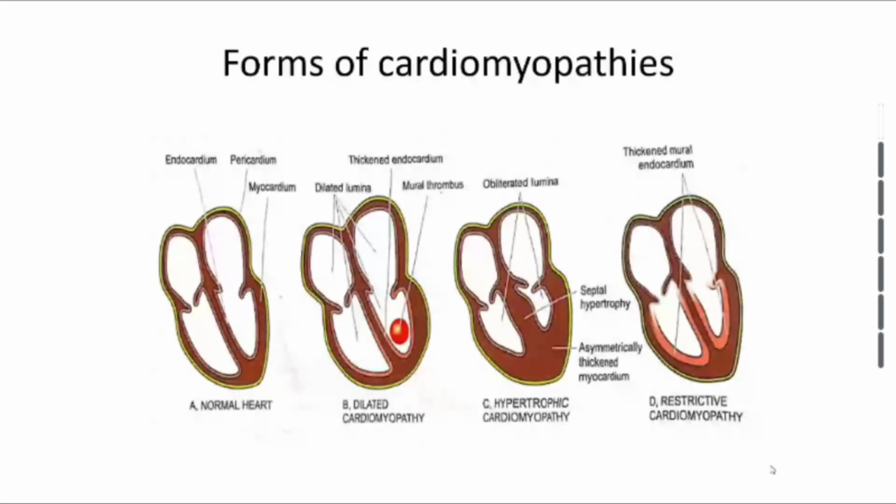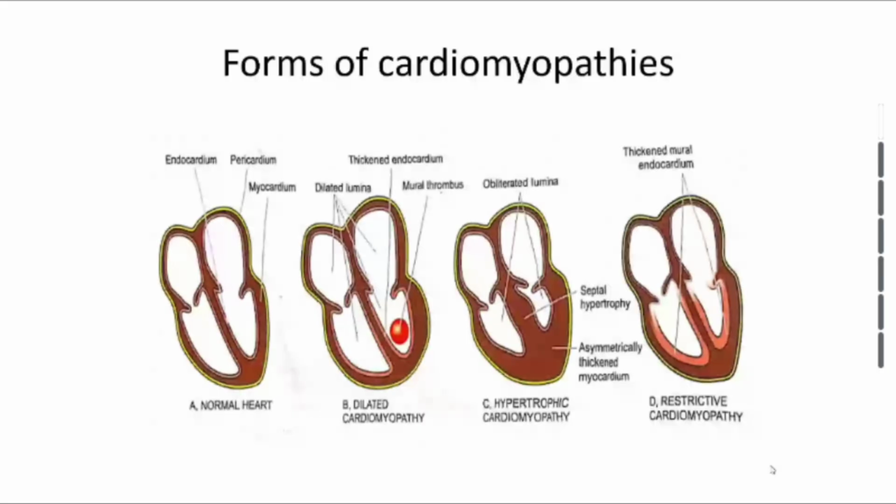And then we have hypertrophic cardiomyopathy. The lumens are narrowed. You can see obliterated lumina. The lumens are becoming narrow because there is asymmetrically thickened myocardium. So the myocardium is thickened, and then the septum, which is basically the division that divides the ventricles, becomes hypertrophied as well.